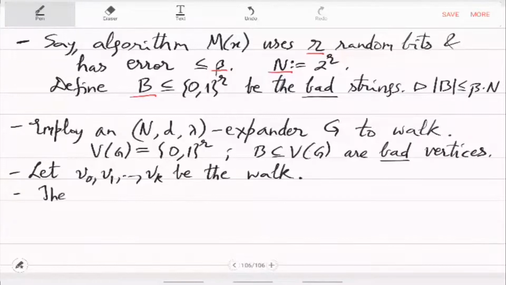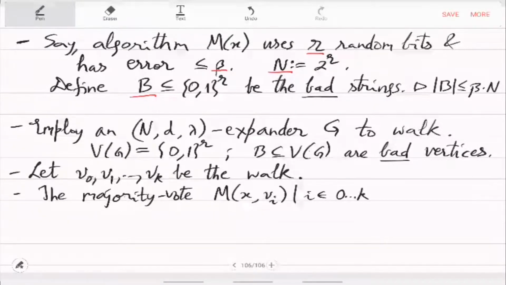Now the majority vote, when you run this algorithm M on the Vi's, this majority vote is wrong if and only if at least half of these Vi's were bad.